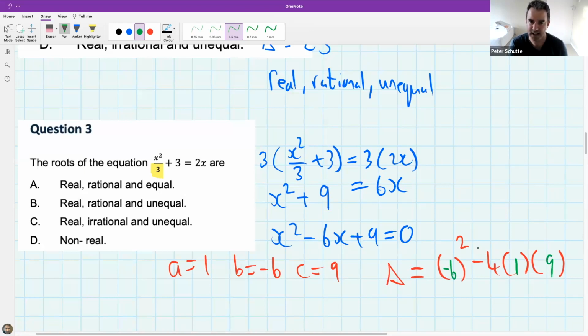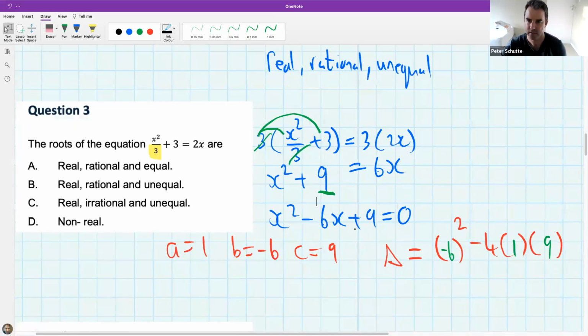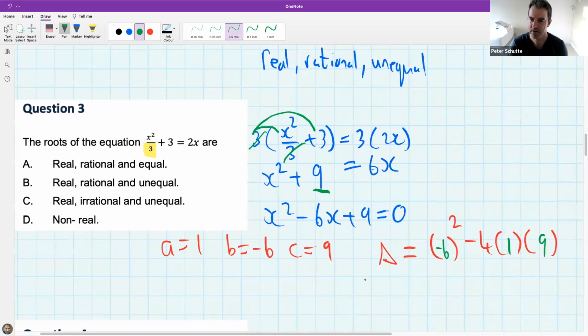So how did we get 9? Yes. Okay, good question. So Ayanda, what we did was when we multiplied by 3, this 3 gets knocked out, but this one over here, 3 times 3 is 9. So that's how we got it there. Does that help?